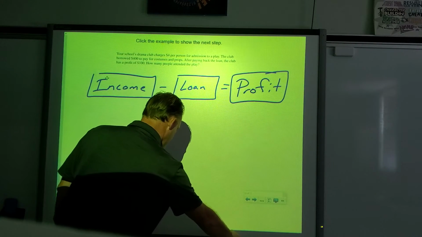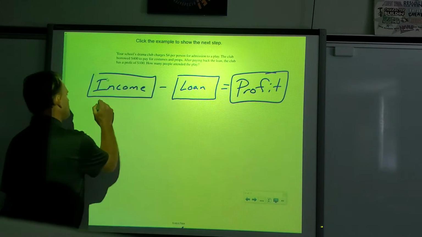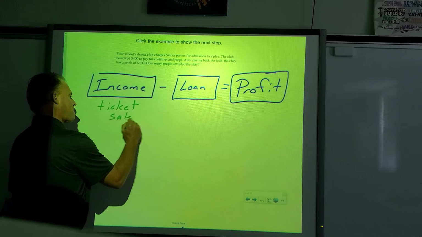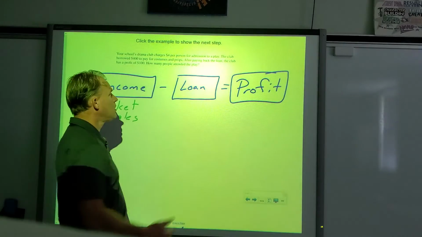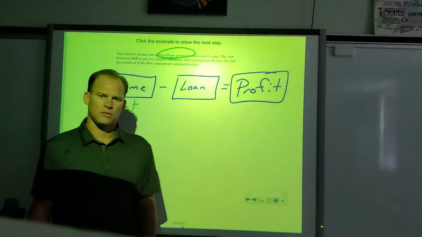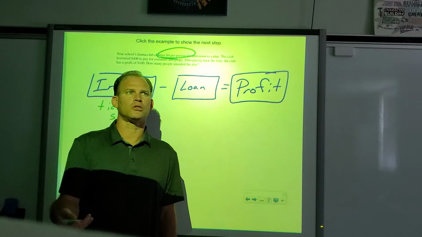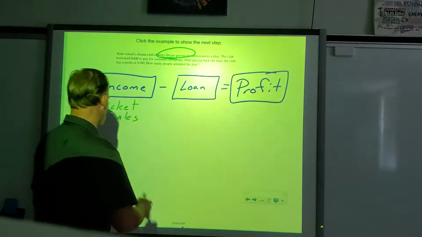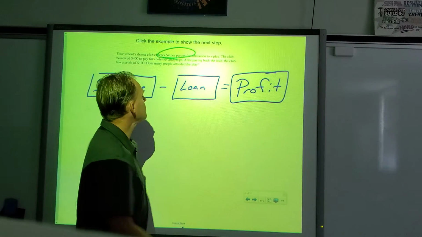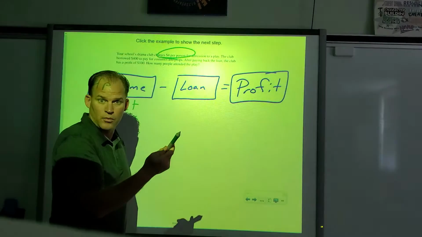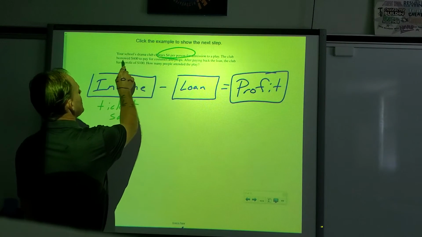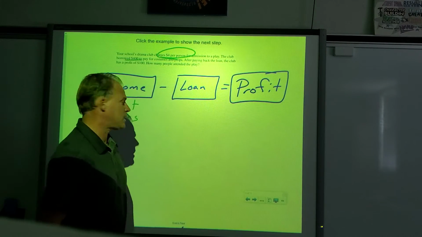Well, my income is ticket sales. $4 per person. Okay? So I'm going to call this 4P. P, of course, is the people, how many people came walking through the door. My loan, it says borrowed $400 to pay for costumes and props.